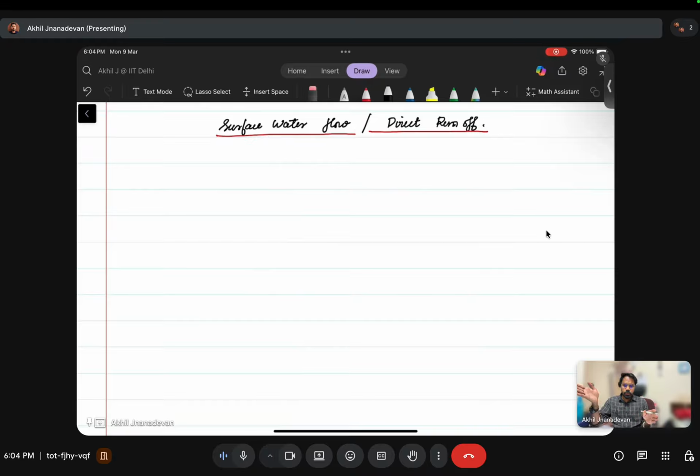When they reach the streams, which are small channels, the flow becomes narrower, and the channel flows are also called stream flows, or surface water flows, and finally it reaches the catchment outlet. This is what surface water flow mainly is.